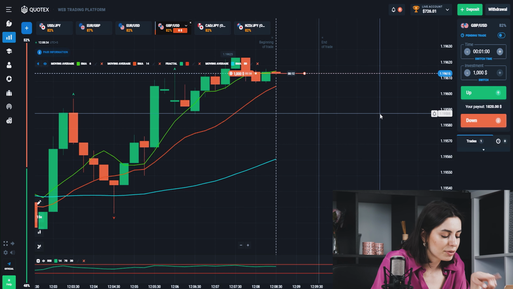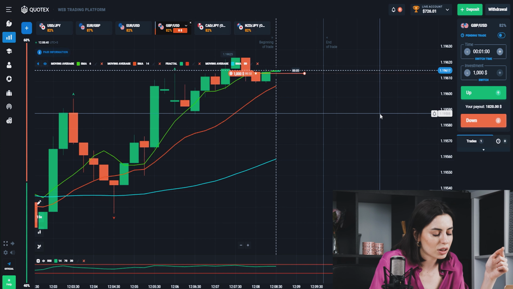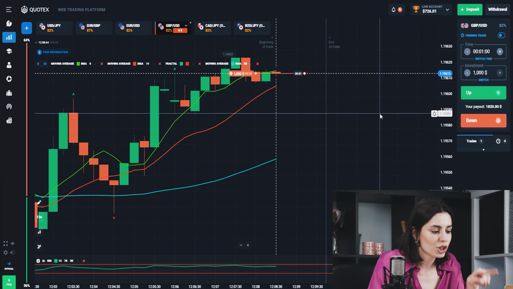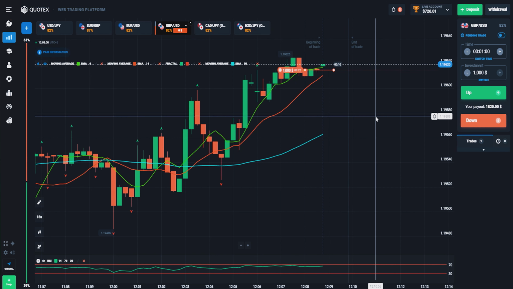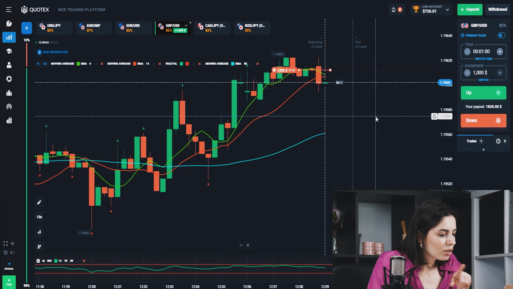And I told you before that if the green line is already below the orange line and trying to go downward, we are playing for a downward movement. So check, and I'm going to show you how I actually predicted the trend. You just see the beauty of it.